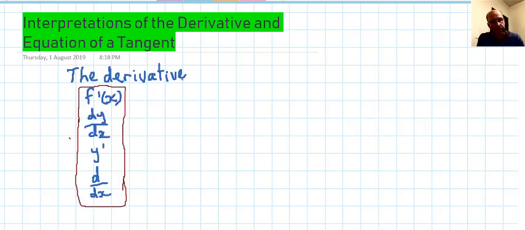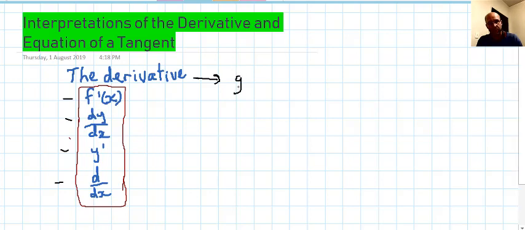Now the derivative, regardless of what notation we're using, f dash of x, dy dx, y dash, d dx of a function, can be interpreted in many ways and has many meanings, one of which is the gradient function.